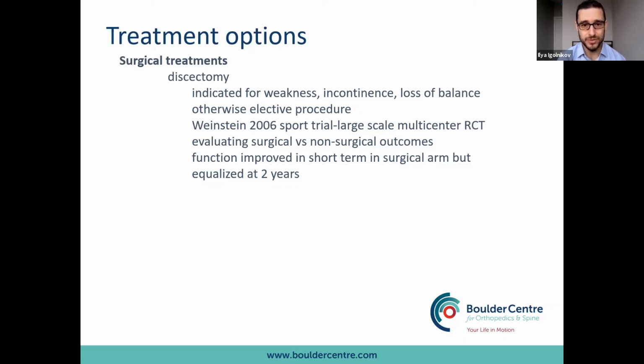And this is for patients who don't have weakness or incontinence or any of those red flag symptoms. So if you take patients who just have severe pain, in the short term, surgery will more likely make your pain better. But even as early as 2 years, it's a wash whether you get surgery or not in terms of your functional outcome.